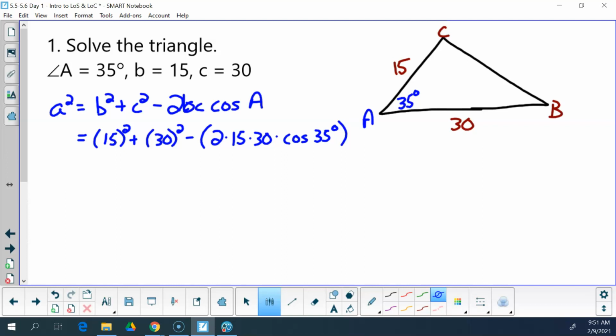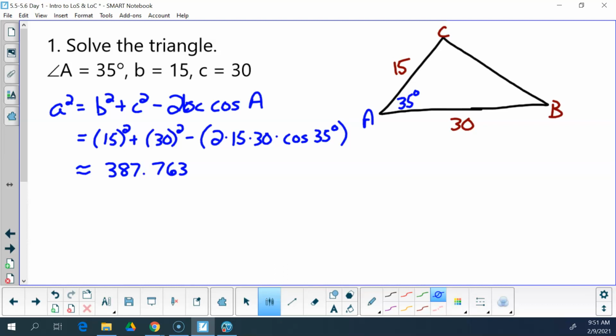Get all that typed in on your calculator. 15 squared, 30 squared, minus 2 times 15 times 30 times cosine now of 35 degrees. And I get that this is approximately 387.763 on my calculator.